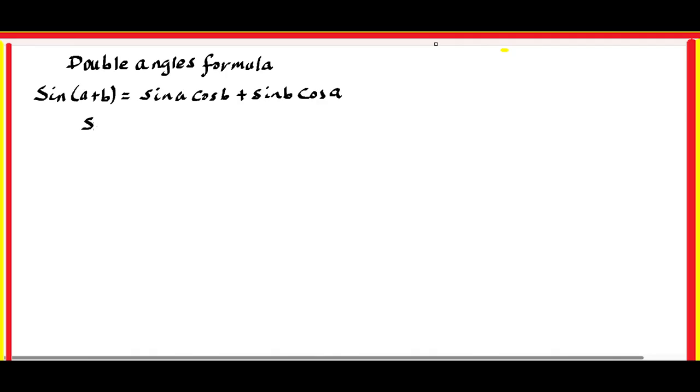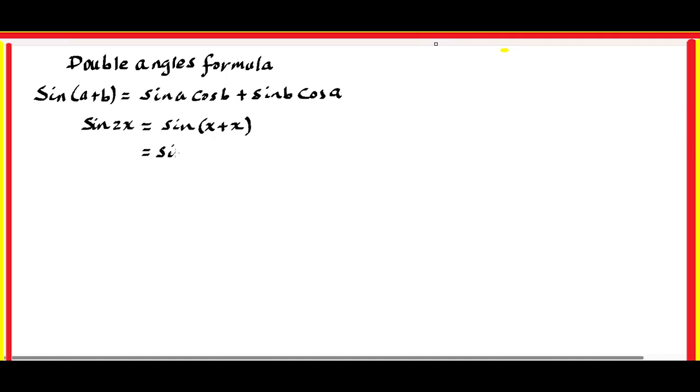Remember, what's sine of 2x? Now, we apply the additive identity here to find sine 2x. So sine 2x can be written as sine of (x plus x). Now apply the additive identity.